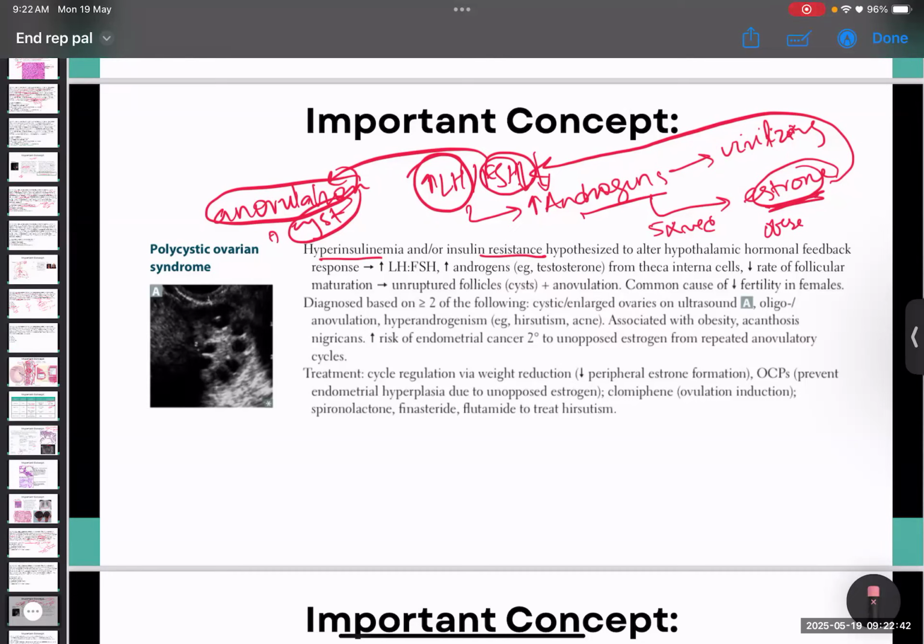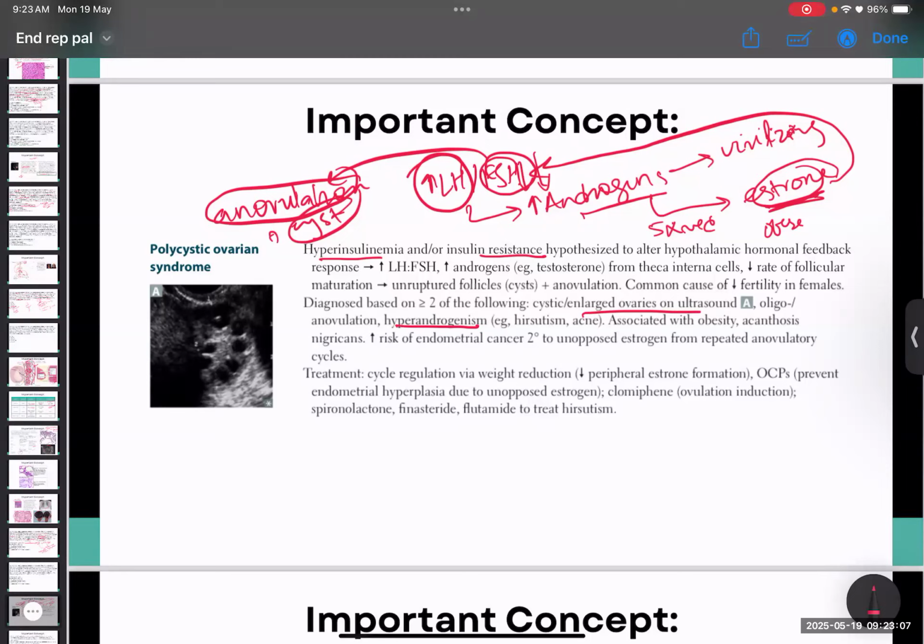And it's a very clinical based criteria for diagnosis. So if you have like cysts on the ovaries through ultrasound, or if you have like anovulation or oligomenorrhea or hyperandrogenism, and you have symptoms such as obesity and acanthosis nigricans. So you kind of need to have a clinical picture to diagnose PCOS.